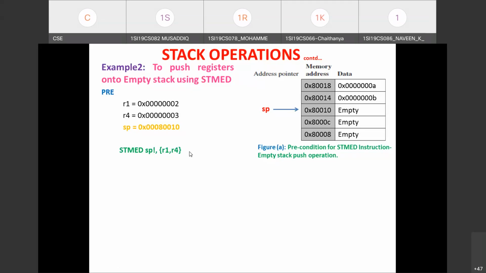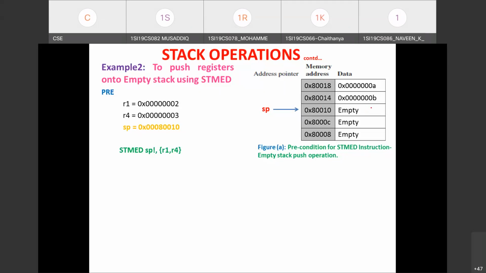It is a descending stack, decrement after for push operation. So what will be stored at address 80010? What gets stored? We are going in the order of decreasing memory address. R4. Good, R4 content.